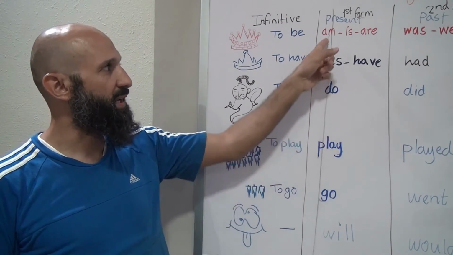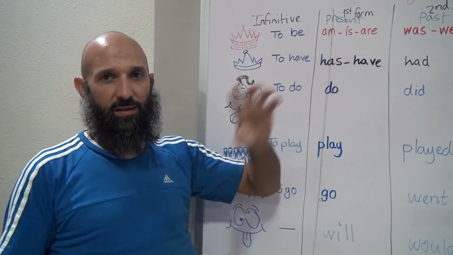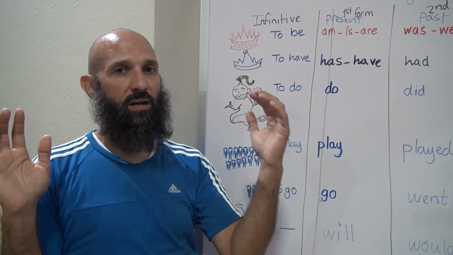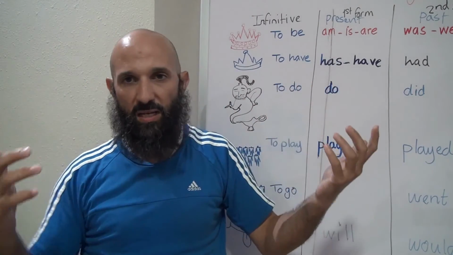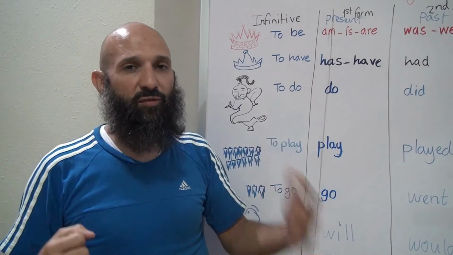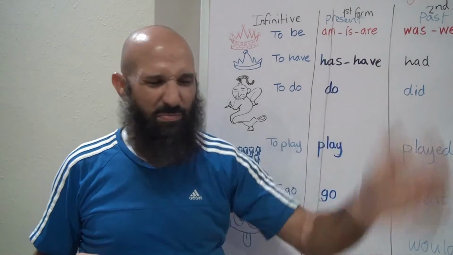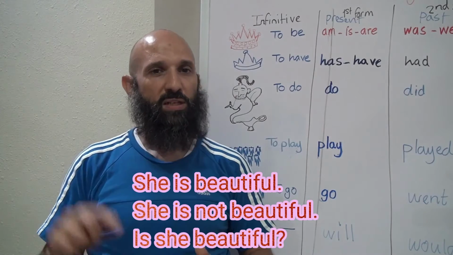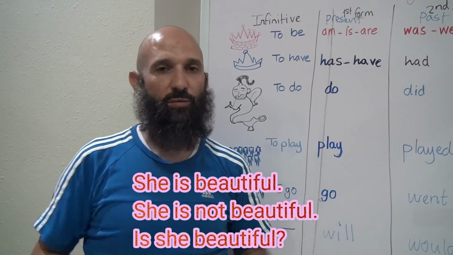If the king is in a positive sentence and wants to make negative, it just takes negative. If it wants to make a question, it just makes a question, right? So, she is beautiful, she is not beautiful, is she beautiful?